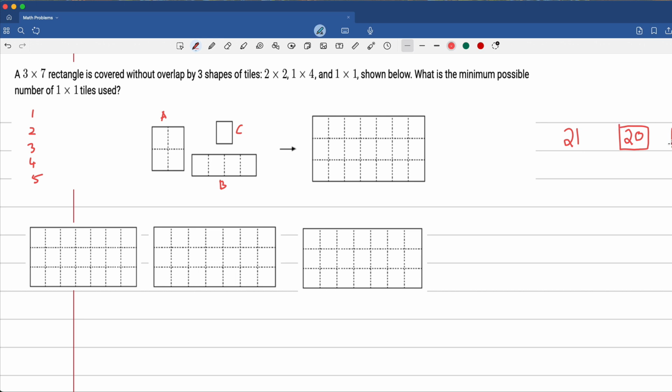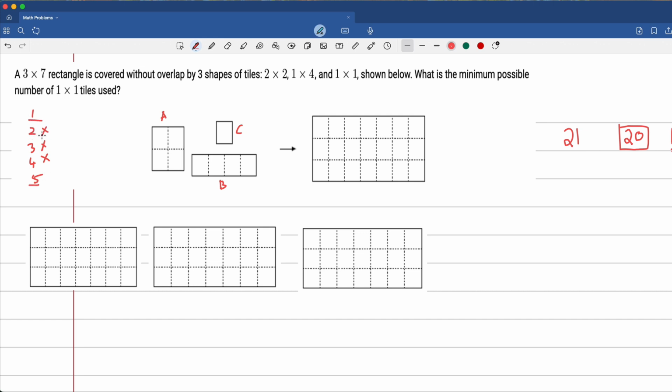So that's the minimum you're looking at if you're able to fit 5 of them. This itself will help you remove the other possibilities: it cannot be 3, 2, or 4. The answer has to be either 1 or 5.